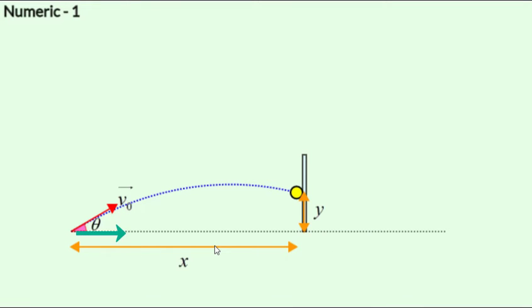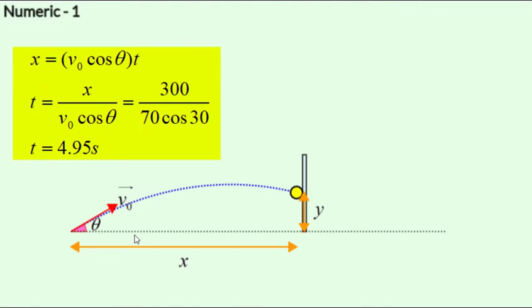We also know that the x component of the velocity, or v cos theta, remains constant throughout the flight, as there is no acceleration along the x-axis. So 300 would be equal to v0 cos theta times the time t. And from here we obtain the time of flight as 4.95 seconds.